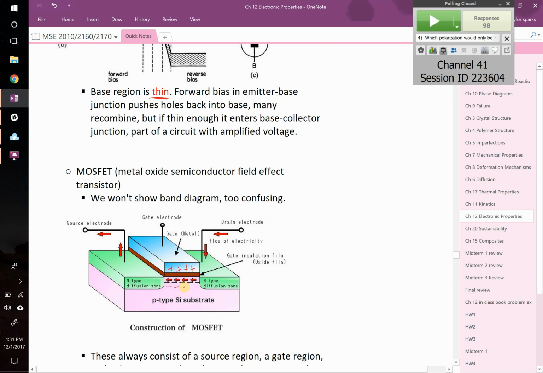That induces a negative charge here. That negative charge is going to create a thin region right here that's no longer p-type, but rather n-type. So as long as you have a voltage across the gate, you induce a tiny pathway that would normally be p-type and you make it n-type. So all of a sudden, now you can have conductivity from this region through here to that region.